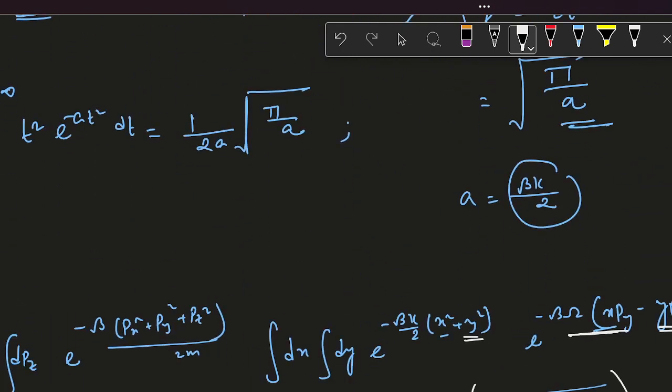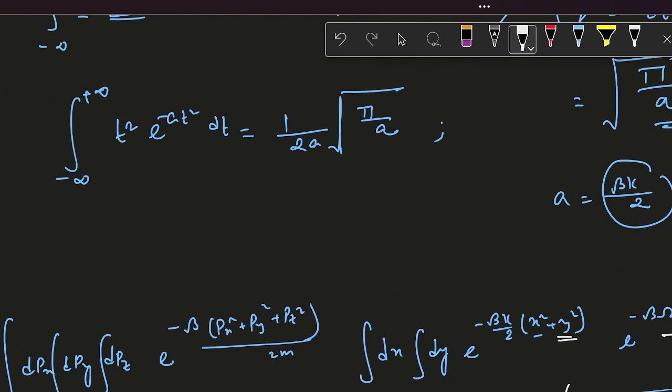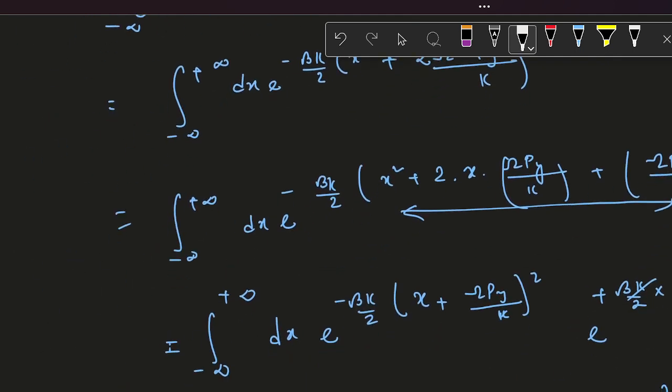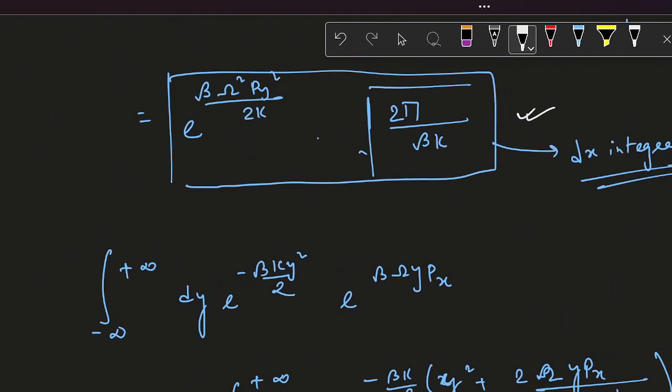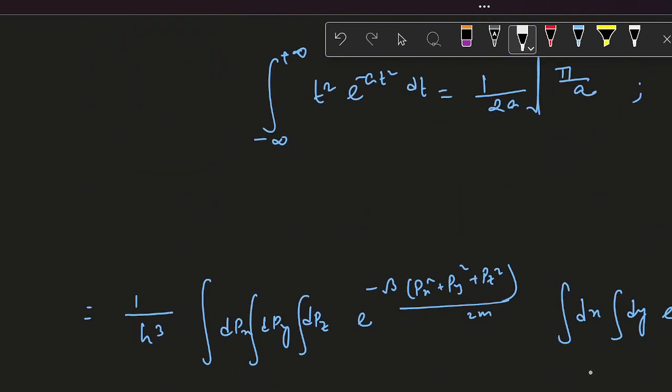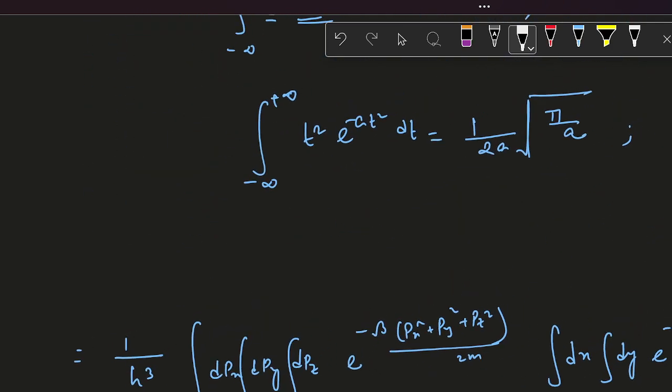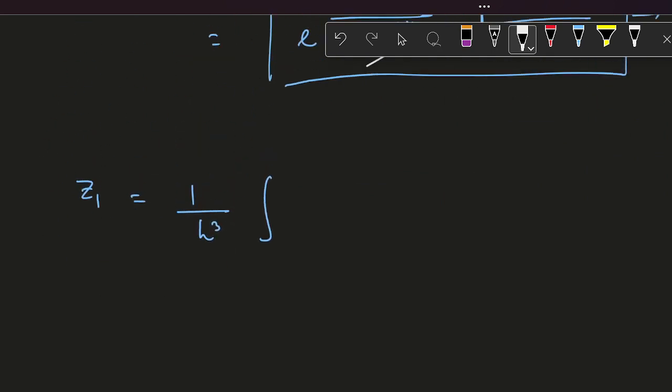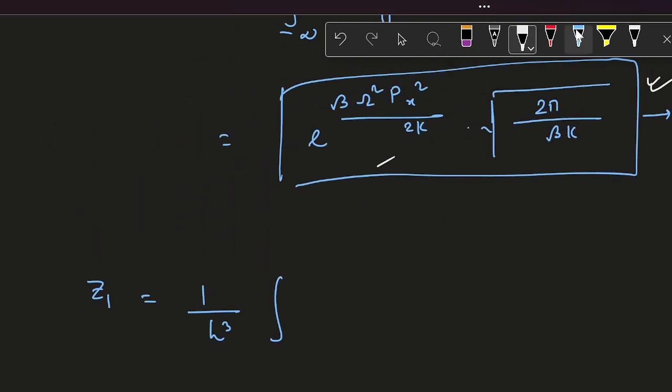And what are the results that we got by that? It is basically this part into this part into this part. So we have basically root over 2 pi by beta k, 3 times multiplied. So 2 pi by beta k to the power of 3 by 2, multiplied by this exponential factor and this exponential factor. The rest of the terms are yet to be dealt with, which we will see below. Okay. So that's how we write it down.